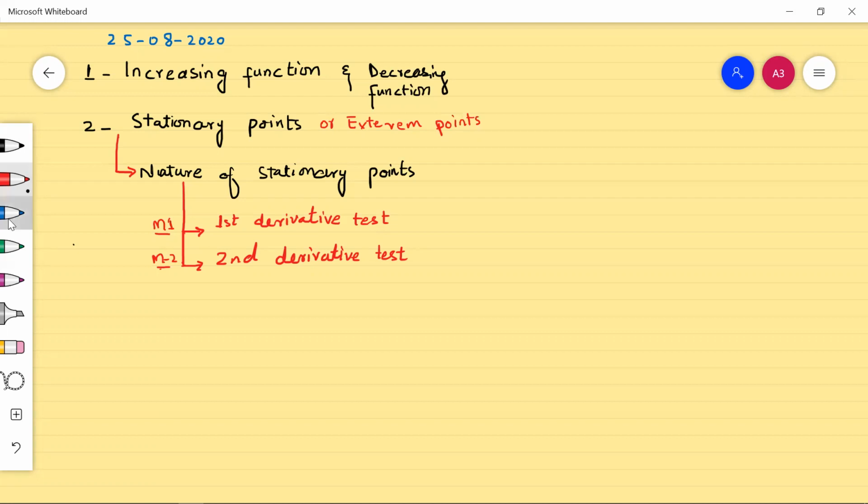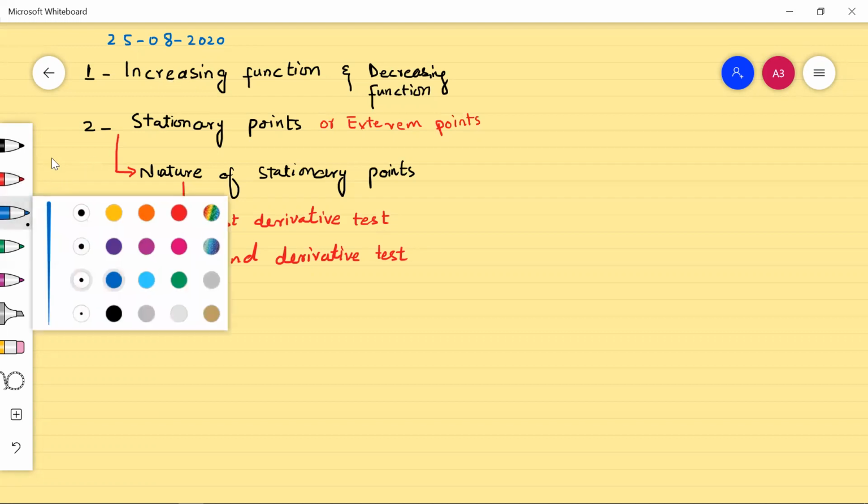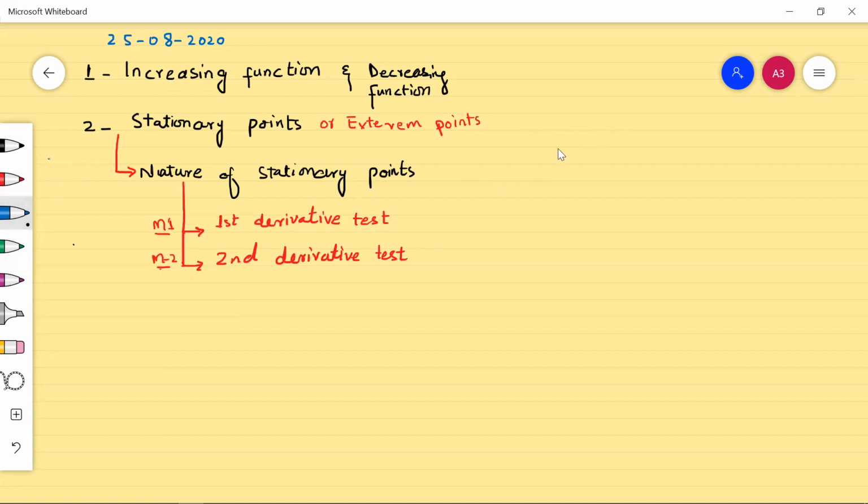Before this, the prerequisite of this topic is the basic differentiation formula and the concepts of differentiation, which we discussed in the previous lecture. If we have a curve y is equal to x^n, how can we differentiate with respect to x?